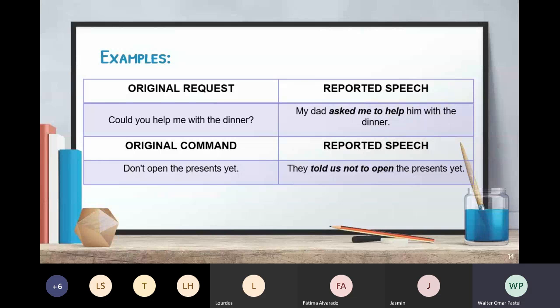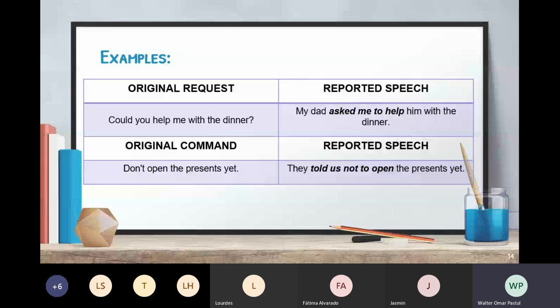You have the original request and then you have the reported speech. For example, the original request says, could you help me with the dinner? And then the reported speech says, my dad asked me to help him with the dinner. So you see, this is the way we report.